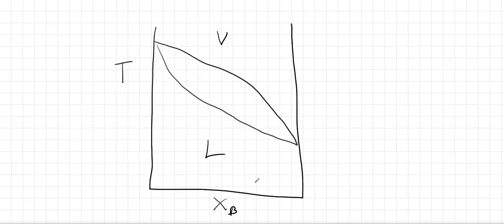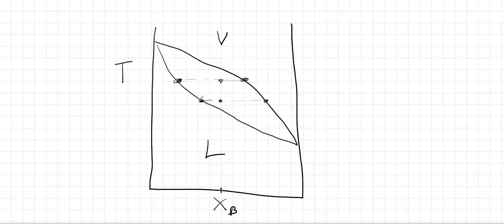Anyway, what we see here is if I take a mixture of this composition and heat it up to about here, I get this vapor in equilibrium with this liquid. If I heat it up to here, I still get vapor in equilibrium with liquid, but two things have changed.